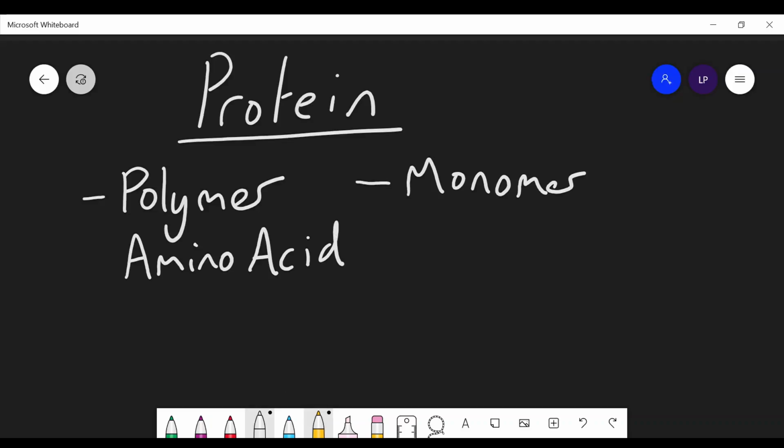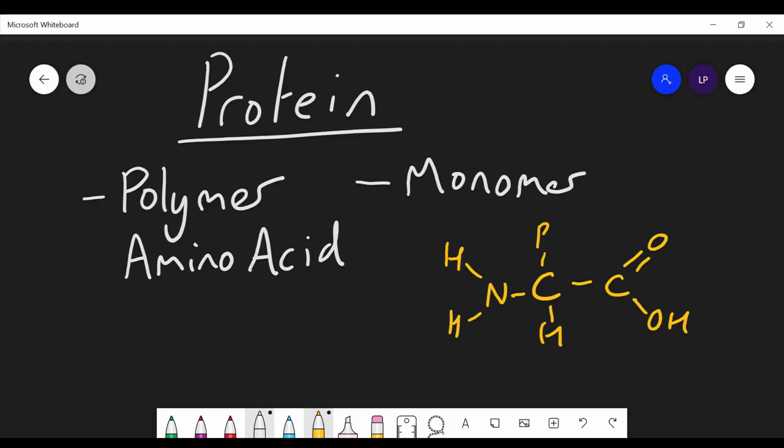Amino acids are brilliant. They have a great simple structure. A central carbon, which has a carboxylic acid group added, and then an amine group added to it, and an R group.